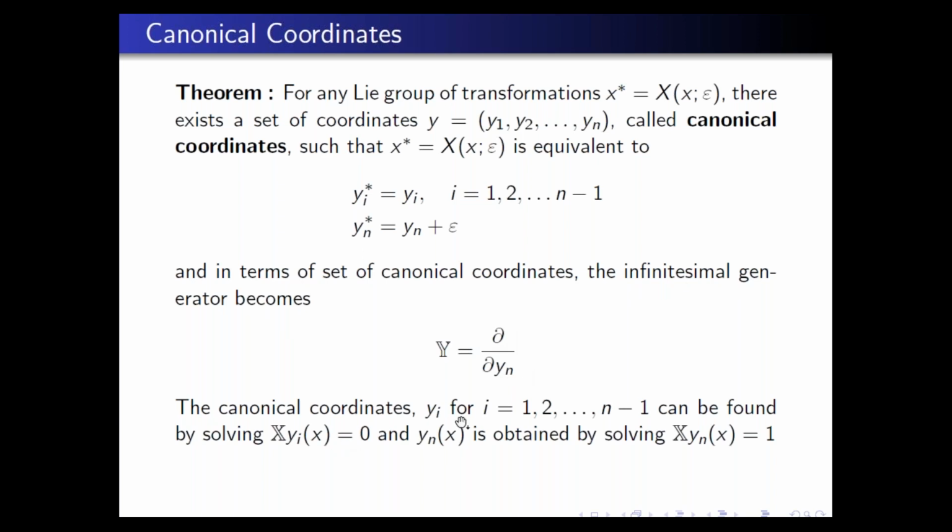The canonical coordinates y_i for i equal to 1, 2, up to n minus 1 can be found by solving X y_i equal to 0, and y_n is obtained by solving X y_n equal to 1. This theorem guarantees that whenever we have a Lie group of transformation, we can find the canonical coordinates, which will be helpful in transforming a first order ODE into variable separable form, and in the case of a second order ODE, it reduces the order by 1.